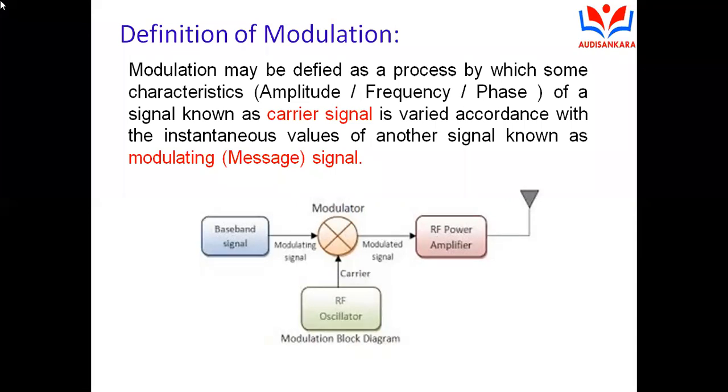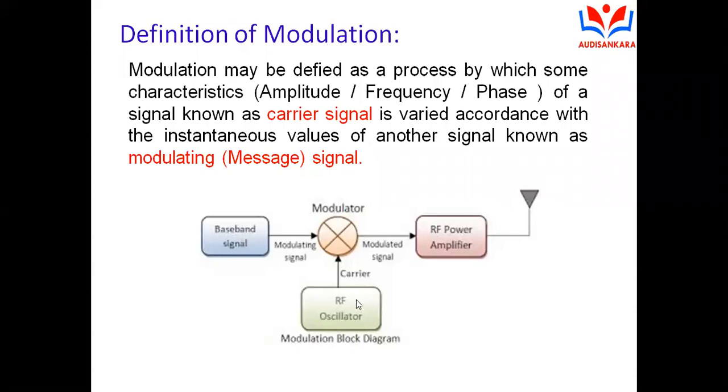Here, consider this is the baseband signal. Baseband signal means modulating signal, information signal, source signal, input signal, low frequency signal, audio frequency signal, etc. These are the different names for message signal.